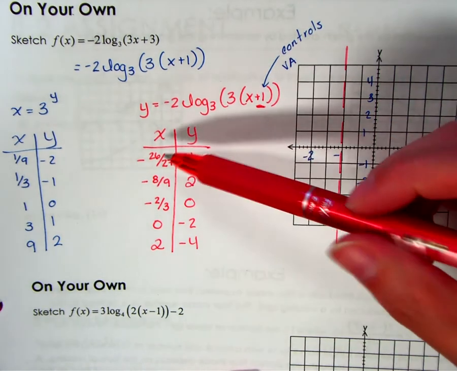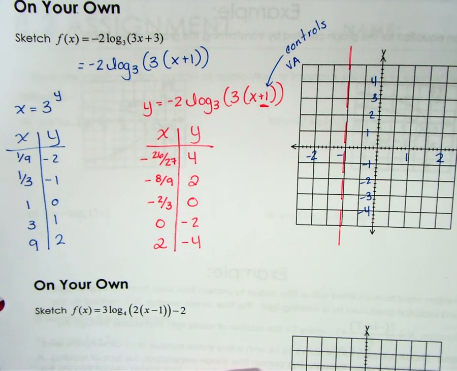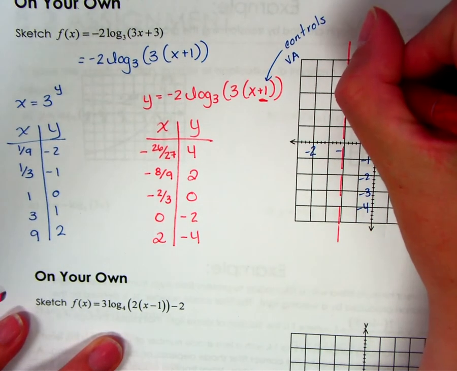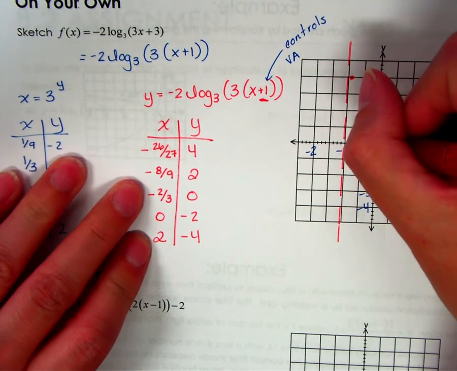So at -26/27, we're really, really close to the asymptote. But which side of the asymptote are we on? We're on the right-hand side of the asymptote. Because we're not to -1 yet. We're just shy of -1. So that's going to be a +4. And again, we're really, really close.